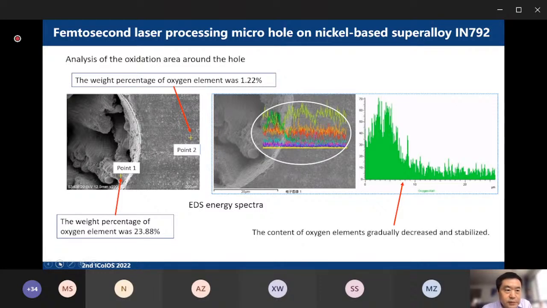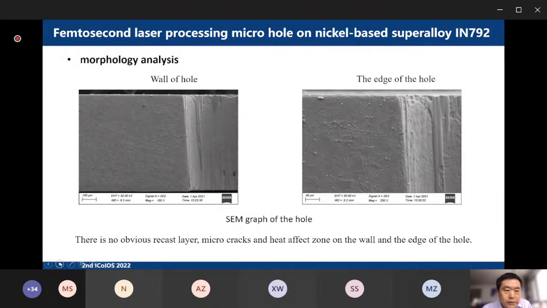So please, next. And we analyzed the wall of the microhole and the edge of the microhole. It looks smooth, and there is no serious oxidation or recast layer on the wall or on the edge of the microhole. So please, next.